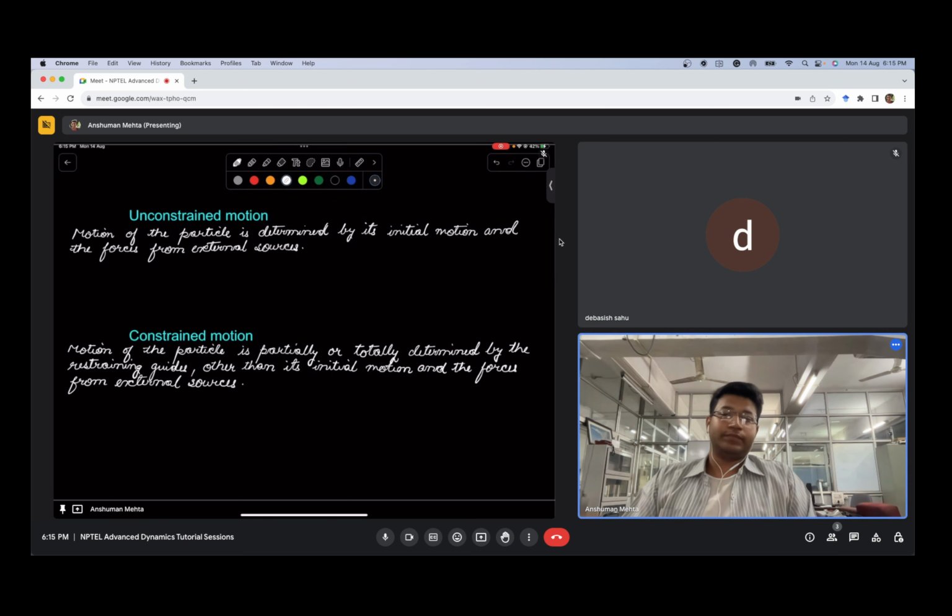Okay, so first one, as the name suggests, is unconstrained motion, so it is free of constraint.